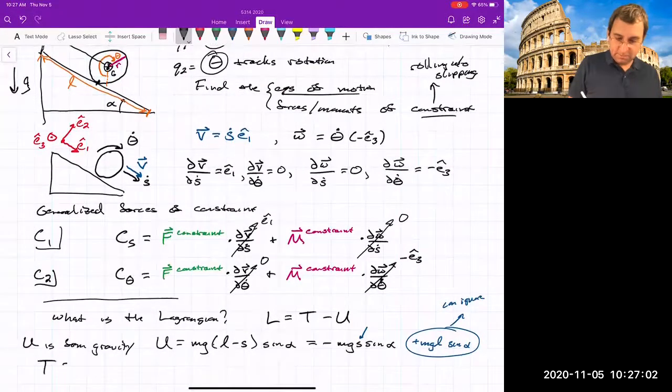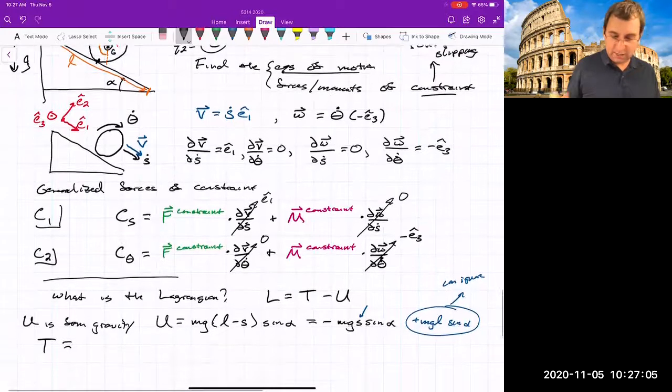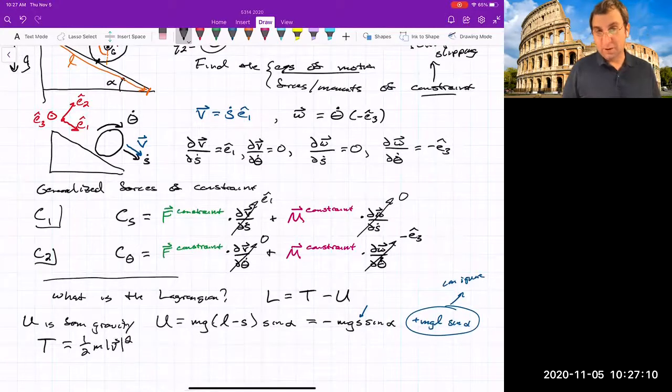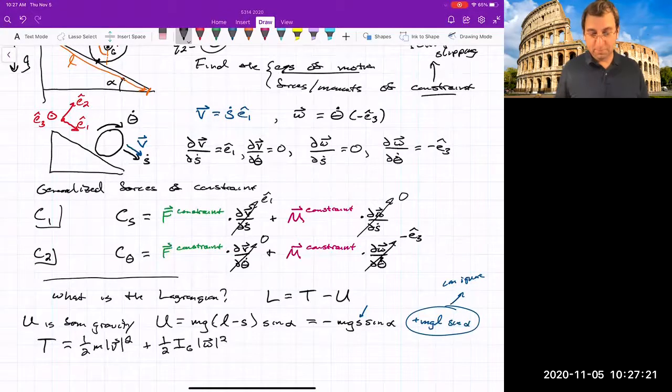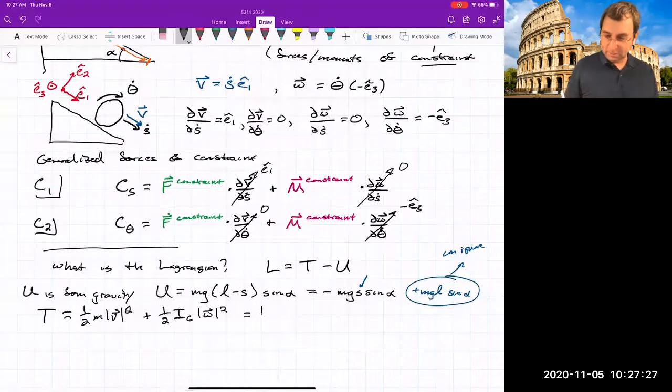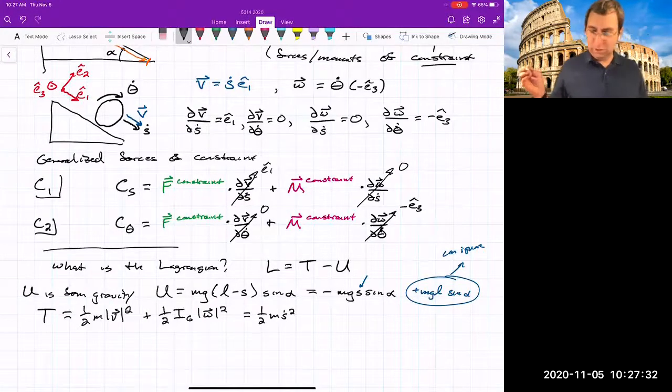The kinetic energy, because this is a rigid body, will be 1/2 m times the magnitude of the inertial velocity squared plus 1/2 IG times the magnitude of the angular velocity squared. So this ends up being 1/2 m s dot squared plus the rotational part. Now we need to figure out what IG is. Let's assume we have a disk with a certain radius, capital R. You could look it up in a table.